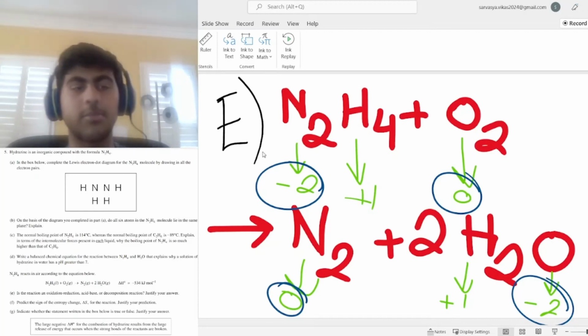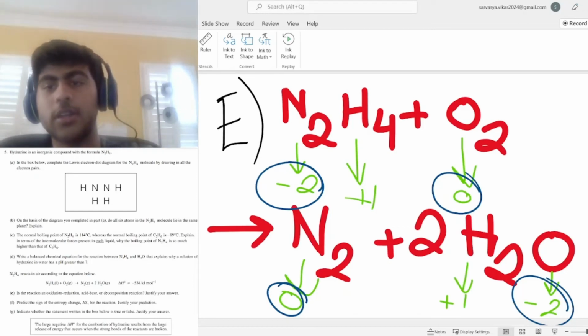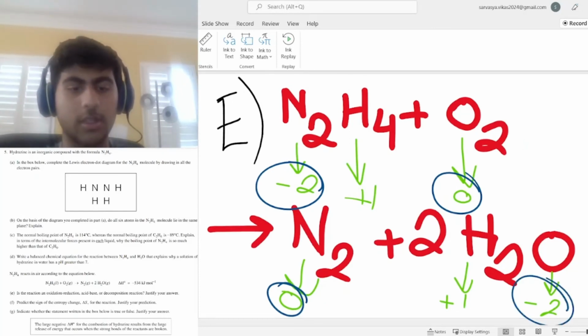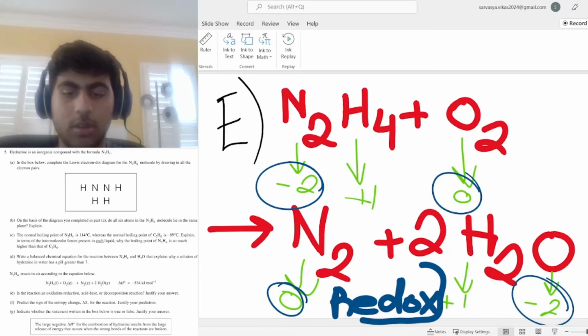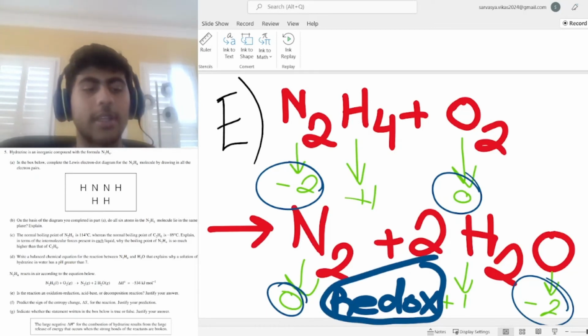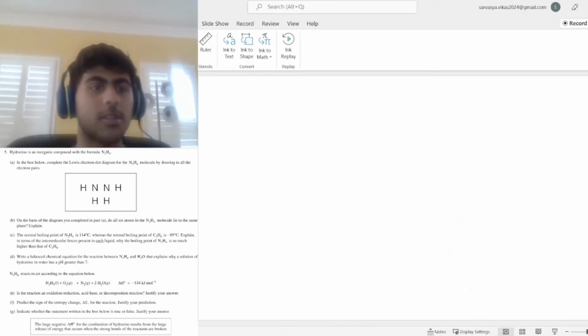So this is going to be a redox reaction. Our answer is that it's oxidation reduction, or reduction oxidation, which does not really matter. Let's move on to the next question.